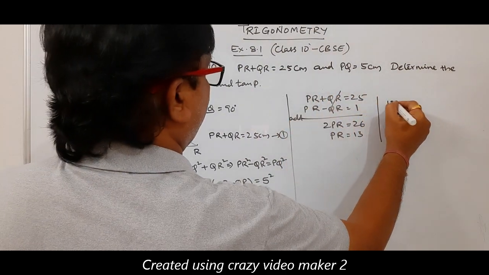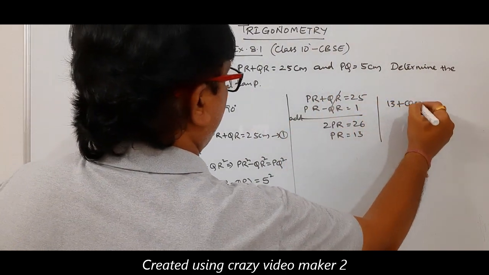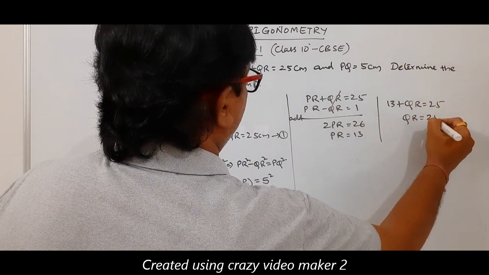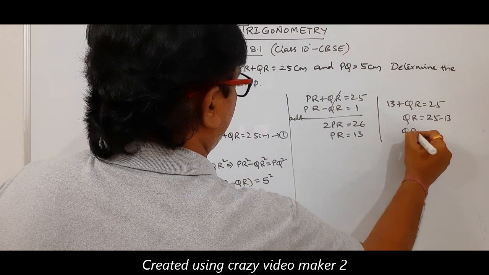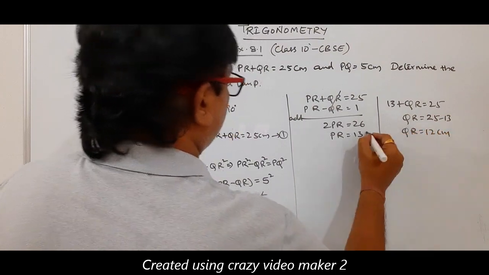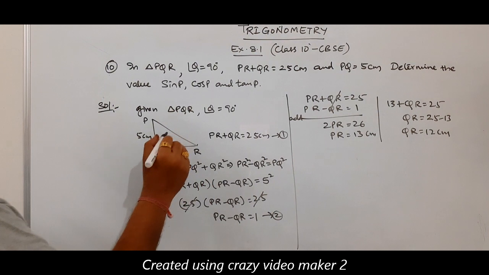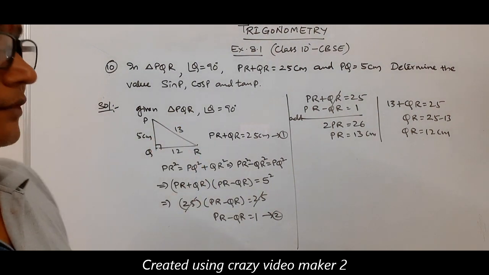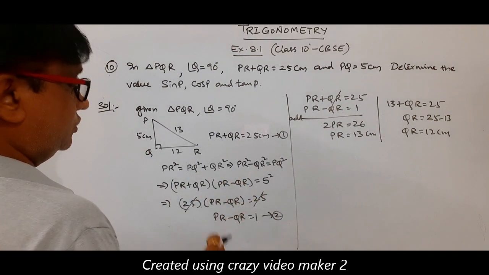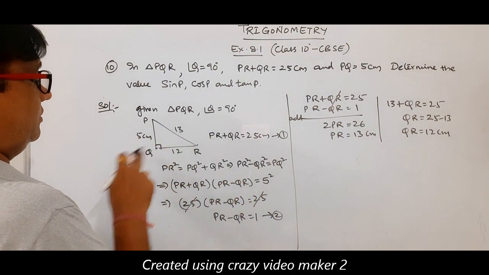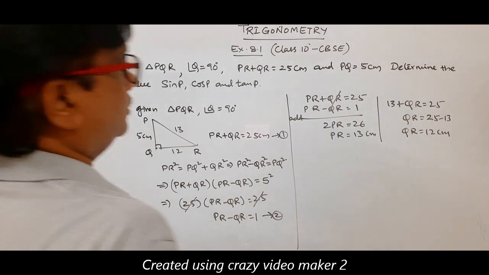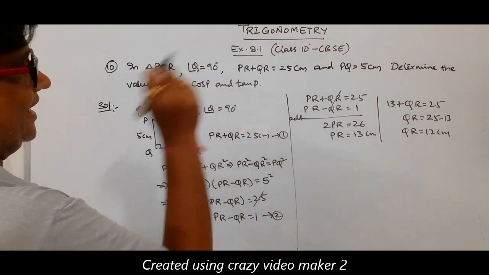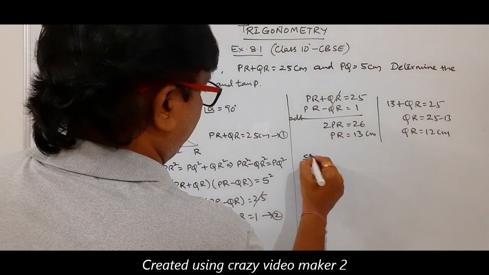So with the help of PR, QR value is 25 minus 13, so QR is 12. This is 13 and this is 12. Now you know PR, QR, PQ. Now we are going to find sin P, cos P, tan P. Sin P.